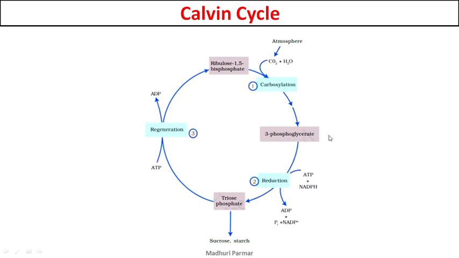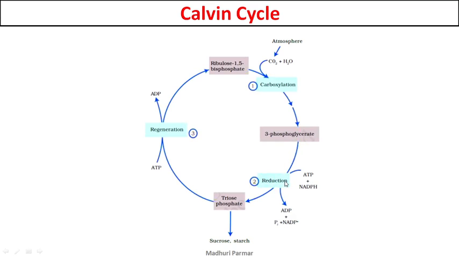So from glycerate, which is carboxylic acid, it is reduced into aldehyde. In this reduction step, you require 1 ATP and 1 NADPH per molecule of 3-phosphoglycerate.